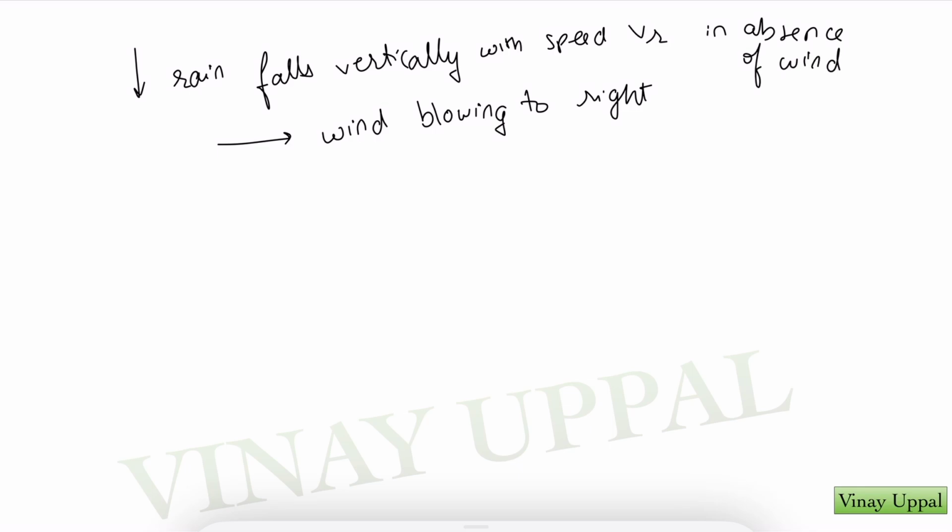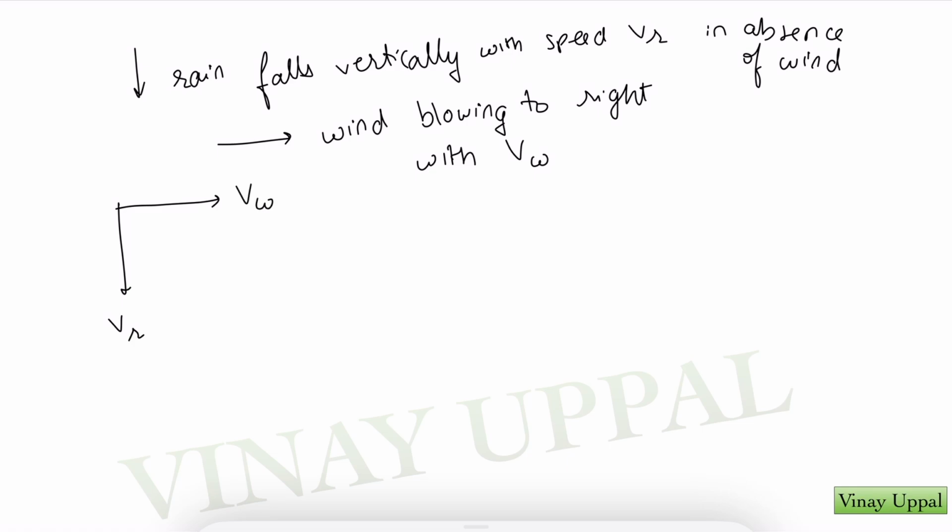So when there's no wind, rain is falling vertically, but now a wind starts to blow to the right with, let's say, speed VW, and therefore the resultant velocity of the rain will simply be VR in the downward direction and VW to the right.